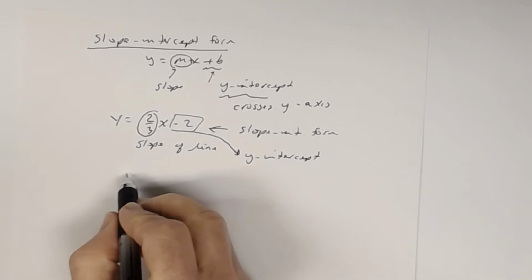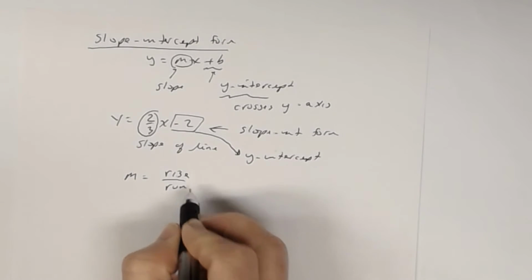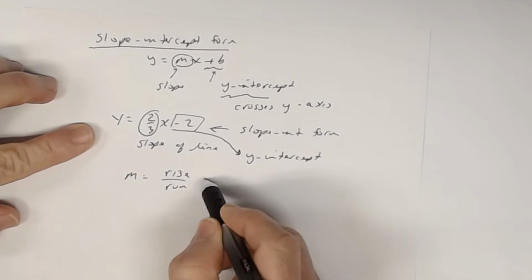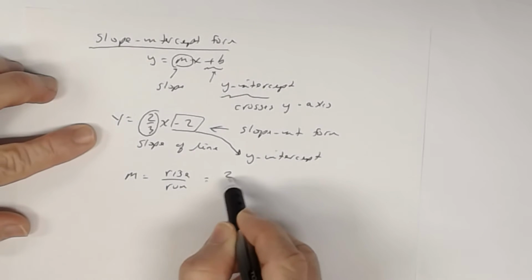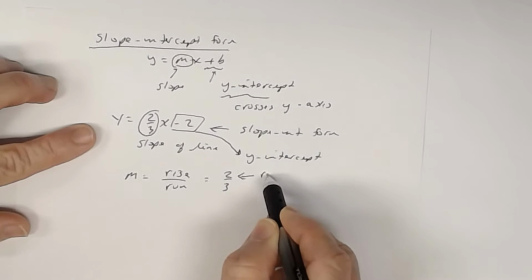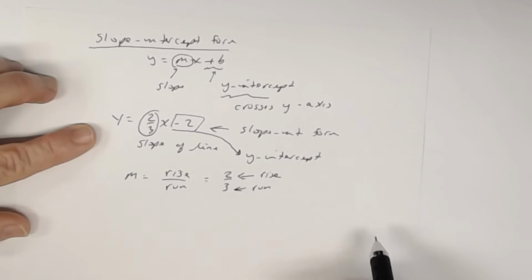And the slope, remember, is rise over run. And that's what we're going to use. Slope is rise over run. As you go through the lessons, you're going to see the notation rise over run. In this case, the slope is 2/3. That means the rise is 2 and the run is 3.